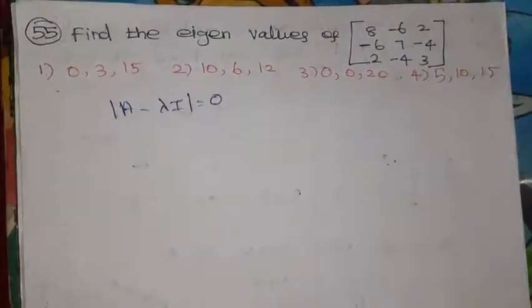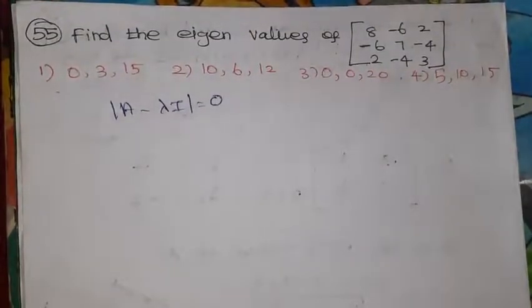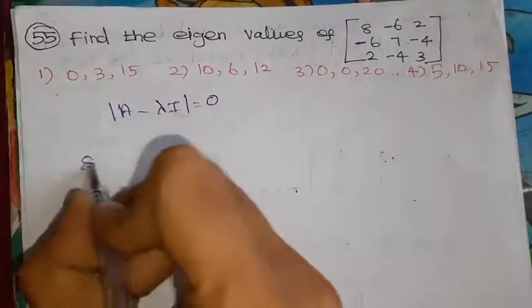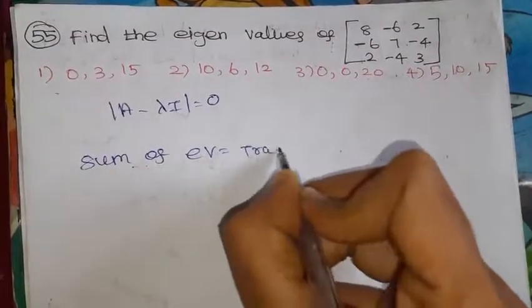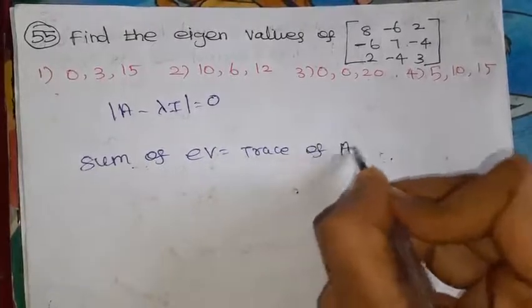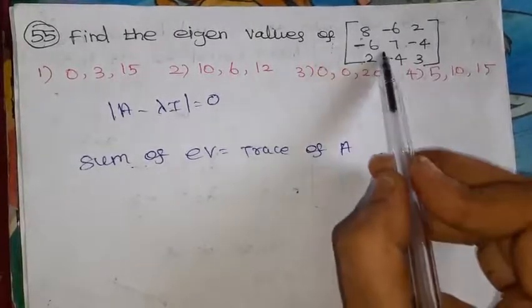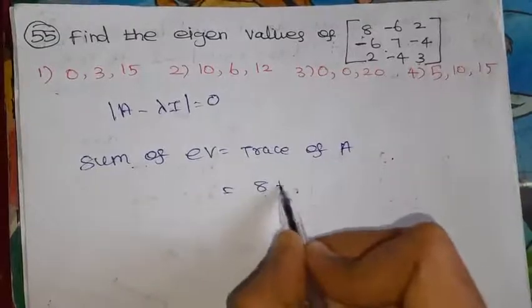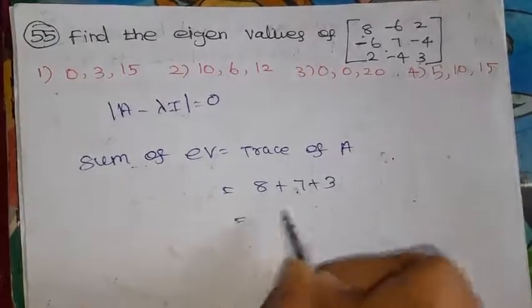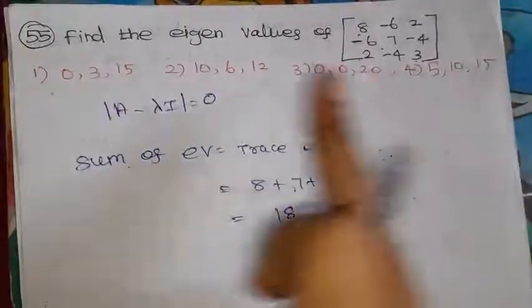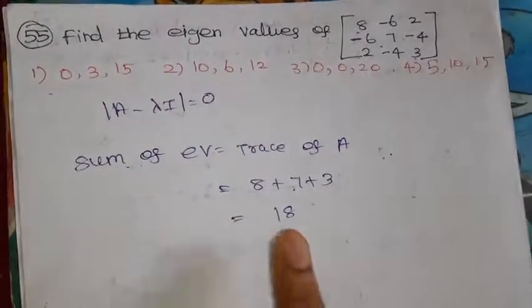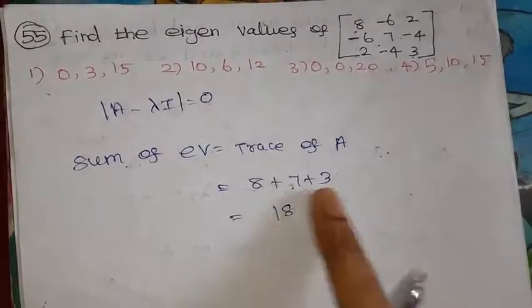Using the properties, and from the options given in the problem, we can check with the properties. First property: the sum of the eigenvalues equals the trace of A. Trace of A, what is that? Addition of diagonal elements, right? 8 plus 7 plus 3, so 18. So the sum of the eigenvalues should be 18.